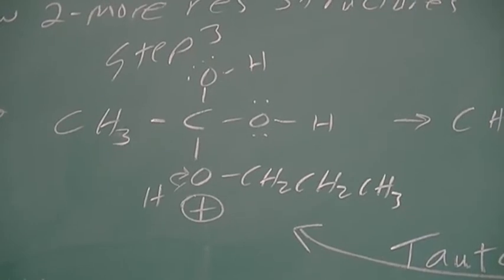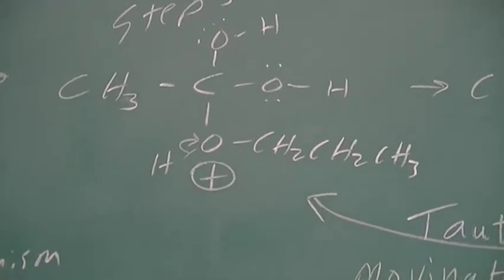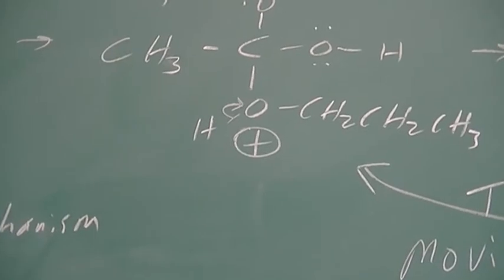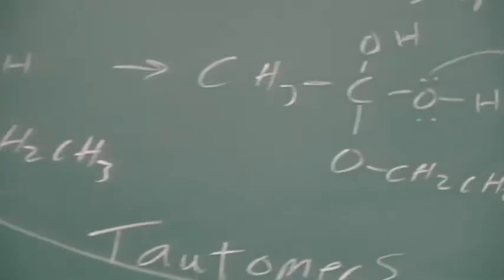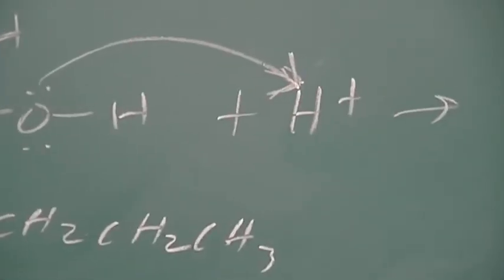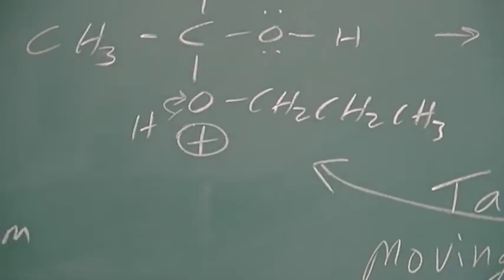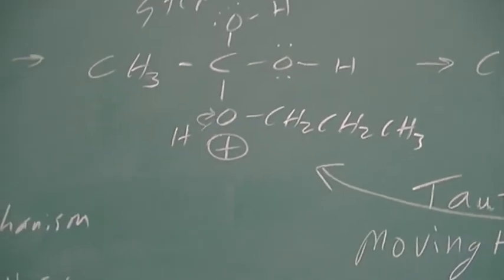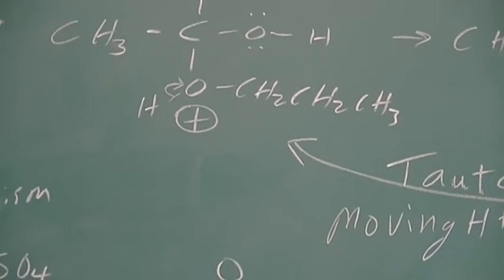Alright, and now this structure is going to lose a proton, and so you can show your H plus falling off, and that is fine, and that's how I have it. The electrons go to the oxygen, and when you have your product, it is simply an H plus as a product, or you can remove that hydrogen using the HSO4 minus, which can take that off and reform sulfuric acid.